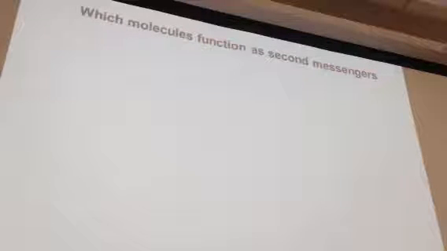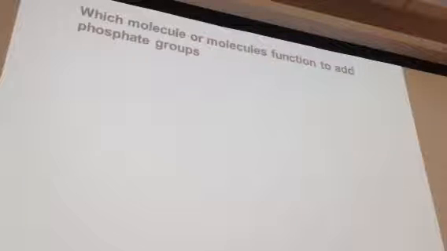Linear learning would be just one sequence of events after the other, and then you'd move to the next G protein pathway, and then you move to the next G protein pathway. But if you could explain similarities, all of these are similar functions, here is where it's different, then you know that you have a thorough understanding of how that works. What molecule or molecules function to add phosphate groups?